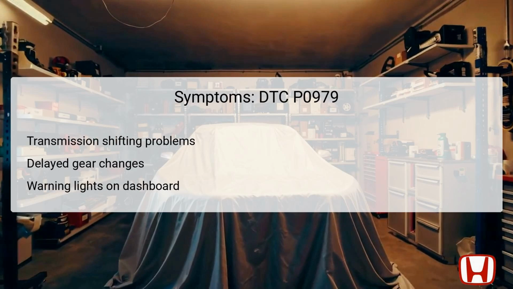Symptoms associated with DTC P0979 primarily revolve around transmission performance and may include issues such as delayed gear changes, which means the vehicle may hesitate before shifting. Drivers might notice abnormal shifting patterns that can affect their driving experience negatively. Furthermore, warning lights on the dashboard, particularly the check engine light or transmission-related indicators, will often illuminate, alerting the driver of a potential issue.